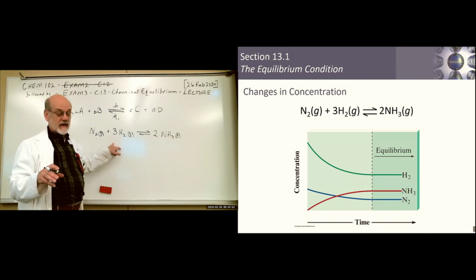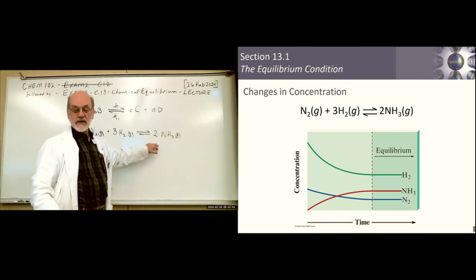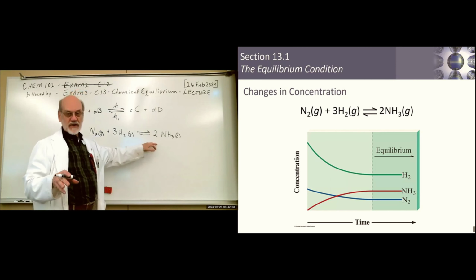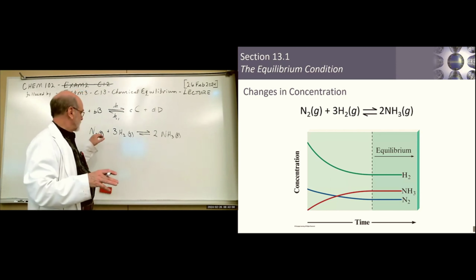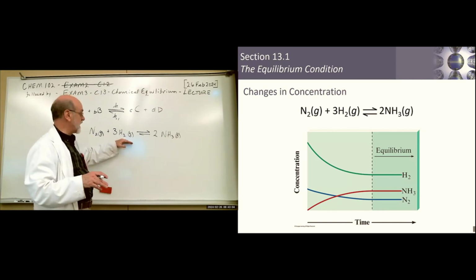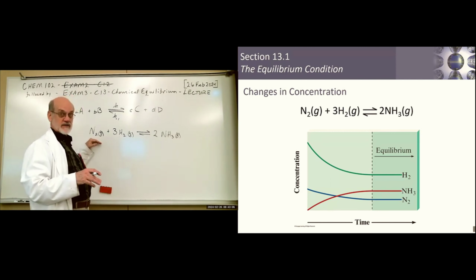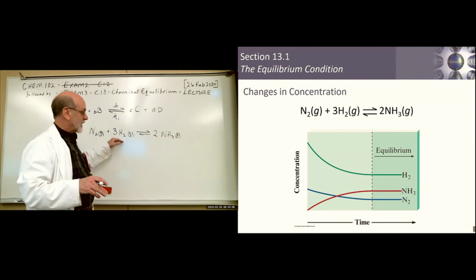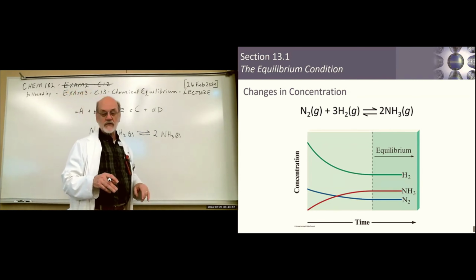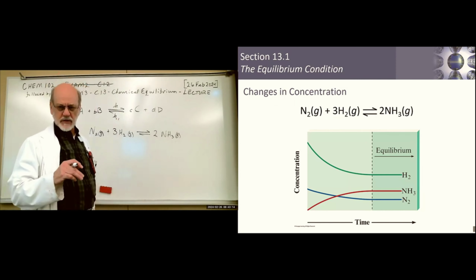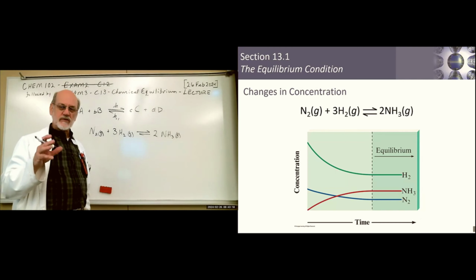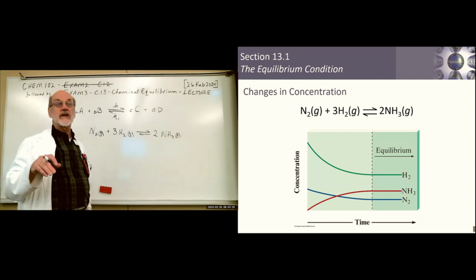And at the very beginning, there's no ammonia. We see the concentration in that graph is at 0. But as the reaction proceeds, we lose some of this, we lose some of that. In fact, 3 times as much of this we lose as that. And we end up with twice as much of this in concentration. So eventually, at the point at which we reach equilibrium, we're measuring concentrations to be unchanging.